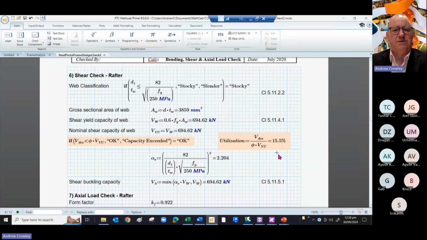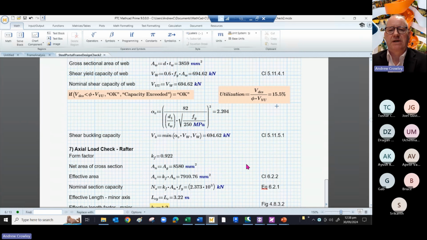Okay, that's straightforward shear capacity, but you might want to look at the shear buckling capacity. This isn't a slender web, but if you have a slender web, you need to check shear buckling of the web. So your alpha V, again, is coming from the code equation, and it comes out as 2.2.